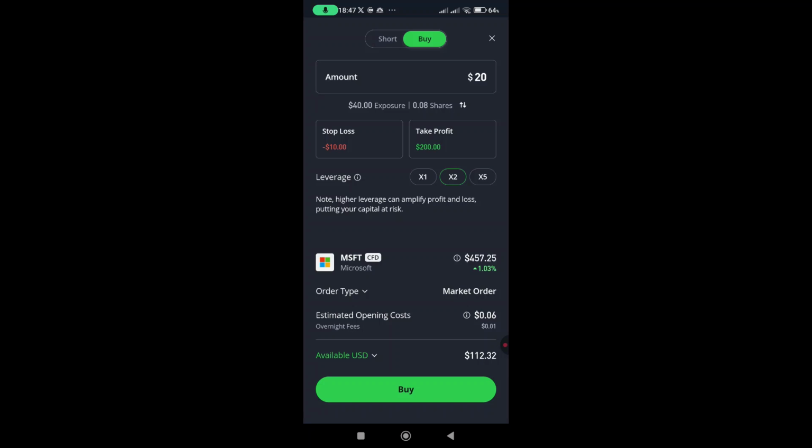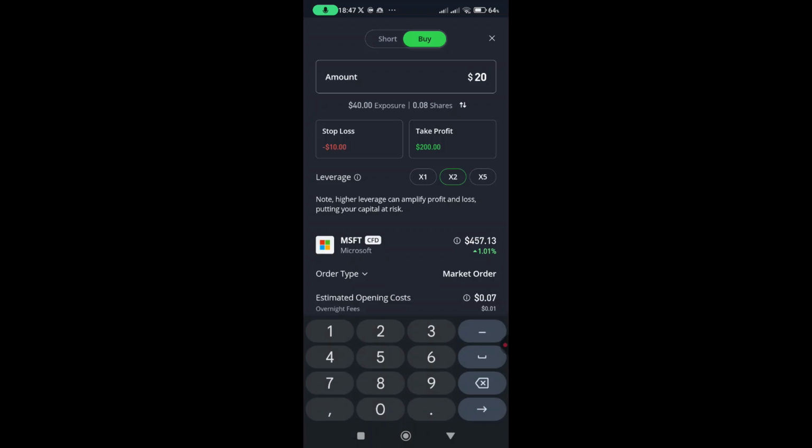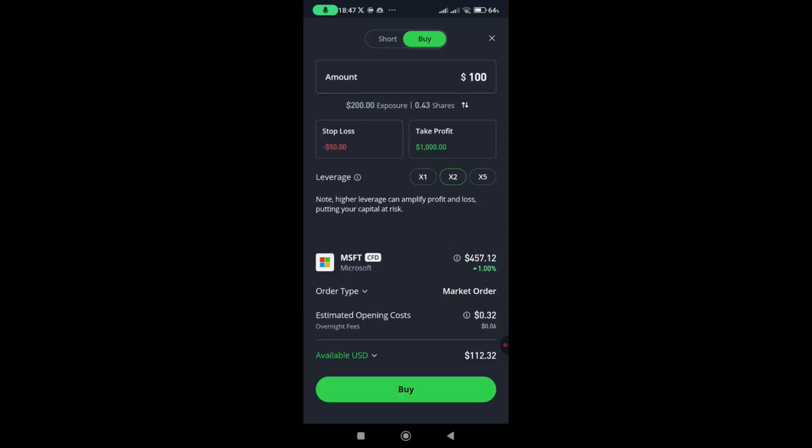But when you're doing contract for difference, you're ultimately going into a contract whereby you're amplifying your position. So ultimately there are additional fees, and the more you amplify your position, the more are the fees. So if you're doing a 2x here, as you're seeing, a $100 trade would expose you to $200.